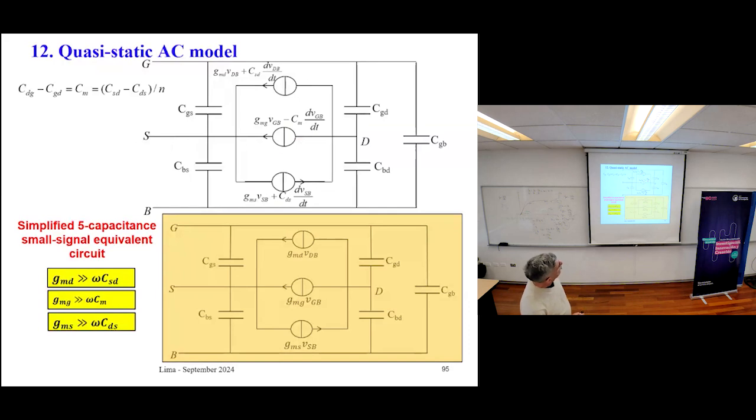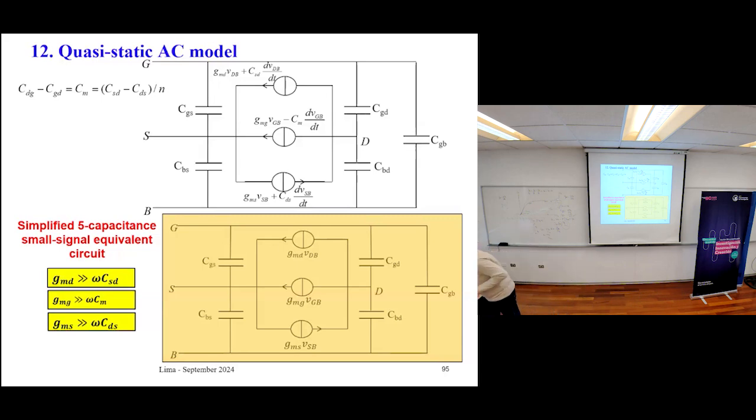Another one here, CM, another one. So you have 2, 3, 5, 6, 7, 8. Well, in fact, you need 9, but we know that the two gates are symmetric, the other capacitance between these two nodes is similar to this one. So we eliminated the ninth capacitance. So just 8 remain.